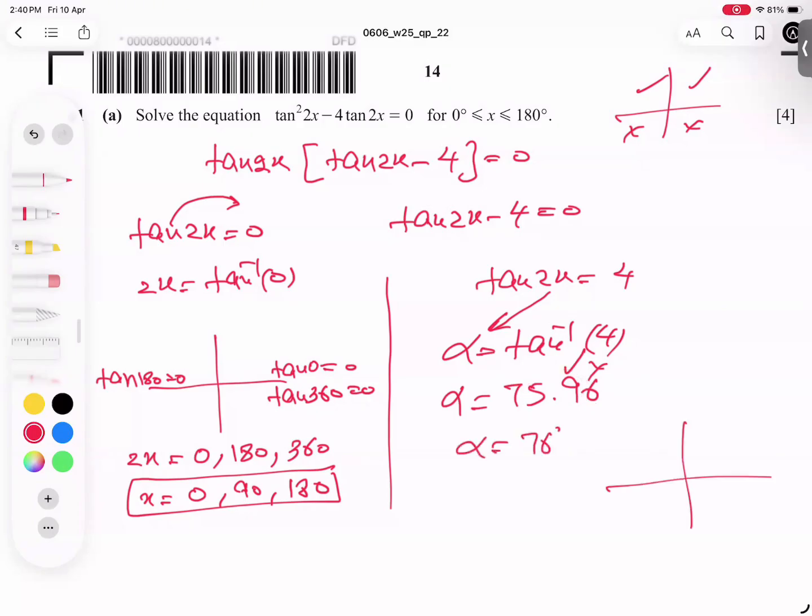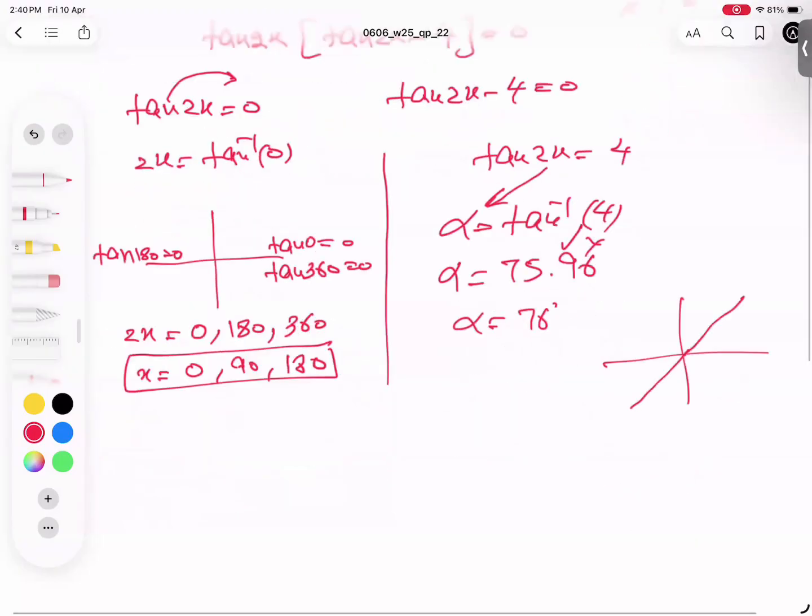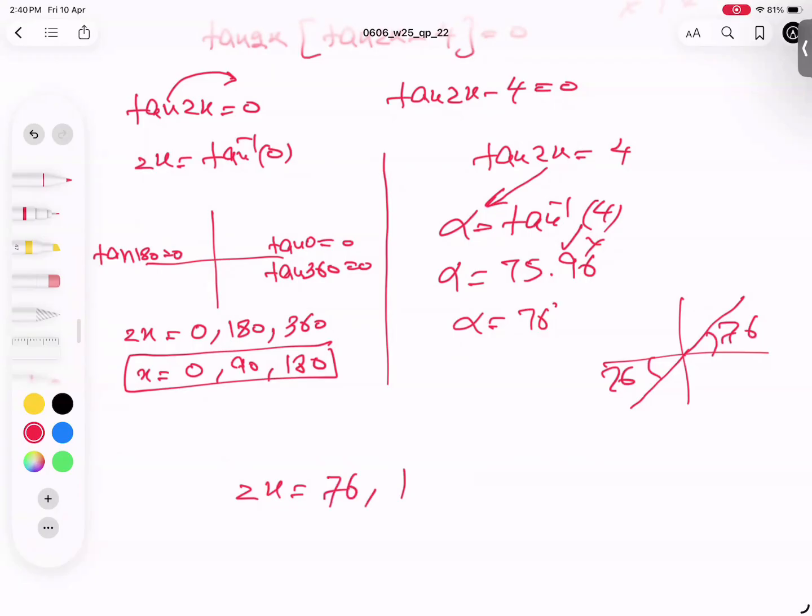And tan positive is here and here. So I'm finding now, this 2x, bring back 2x. So first answer is 76 here and 76 here. So first 76, second is 180 plus 76. But because of this 2, what I will do, students, these are called principal angles, and both principal angles I will add 360 and 360.